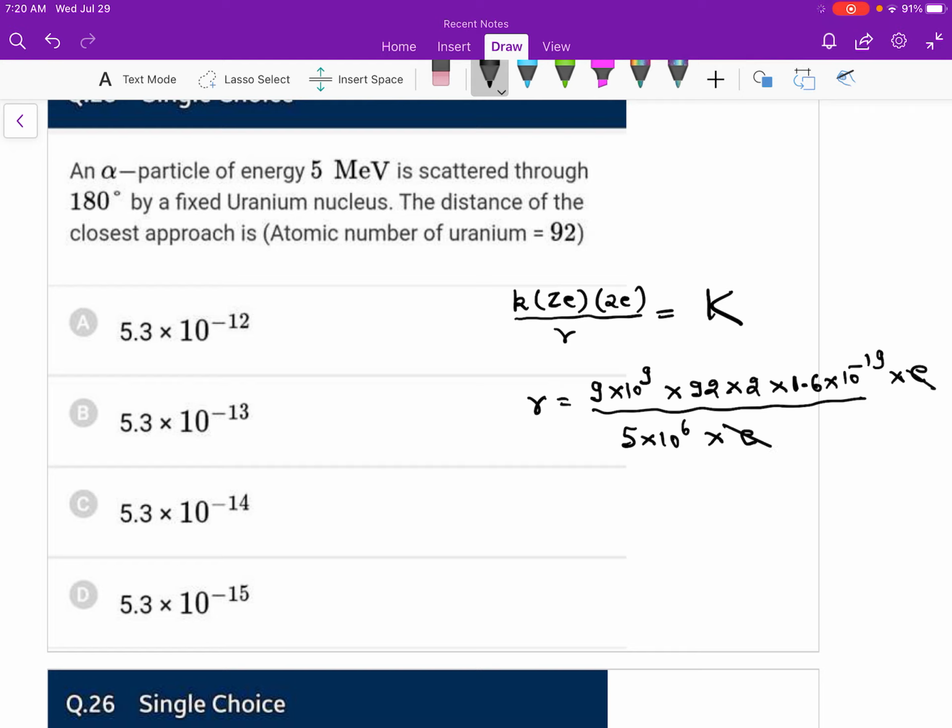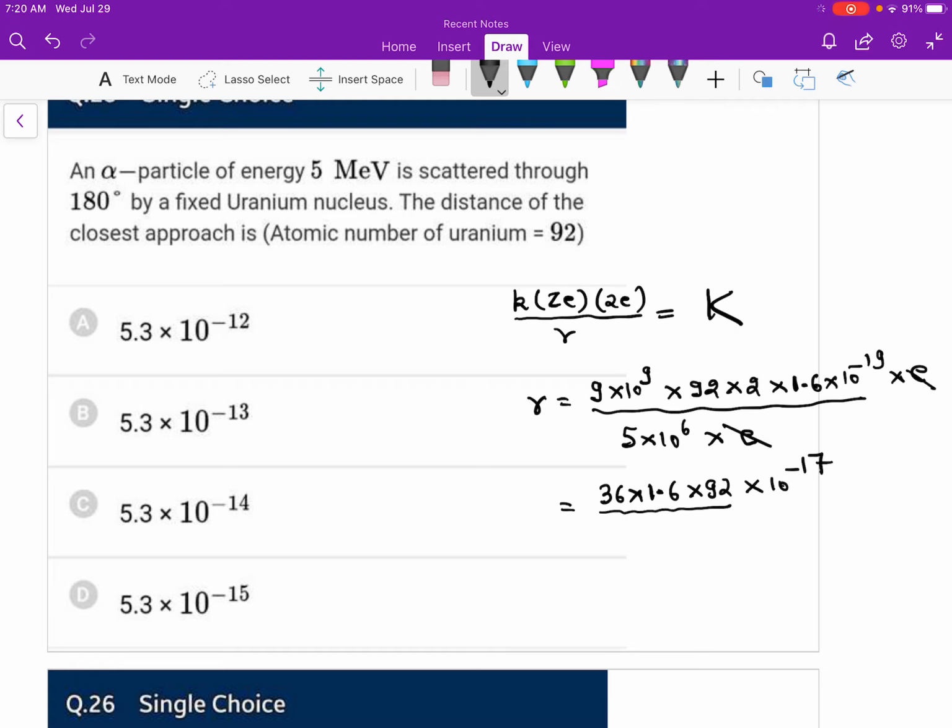So the electronic charge cancels. Okay, so we multiply the numerator and denominator by 2. So 4 9s are 36, into 1.6 into 92, and below 10 to the power 7, so this will be into 10 to the power minus 17.